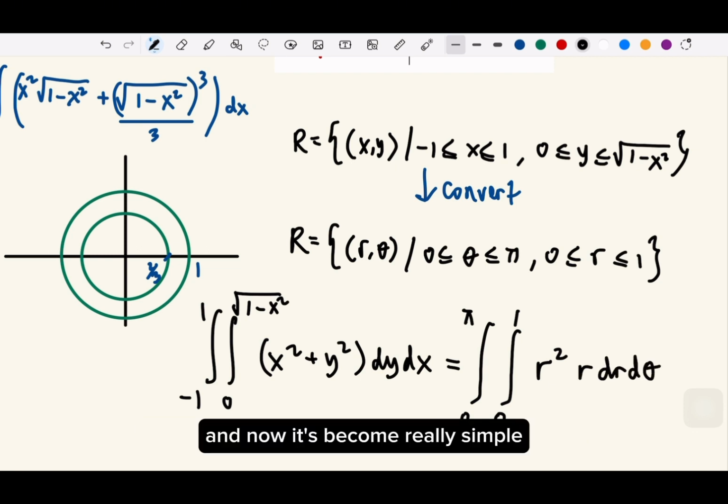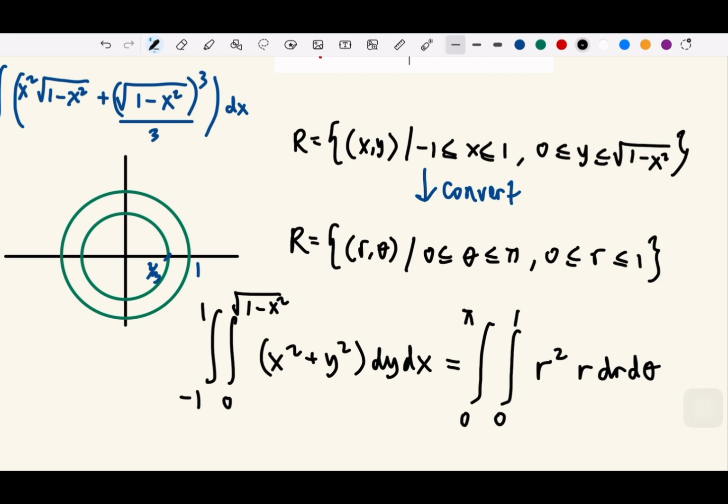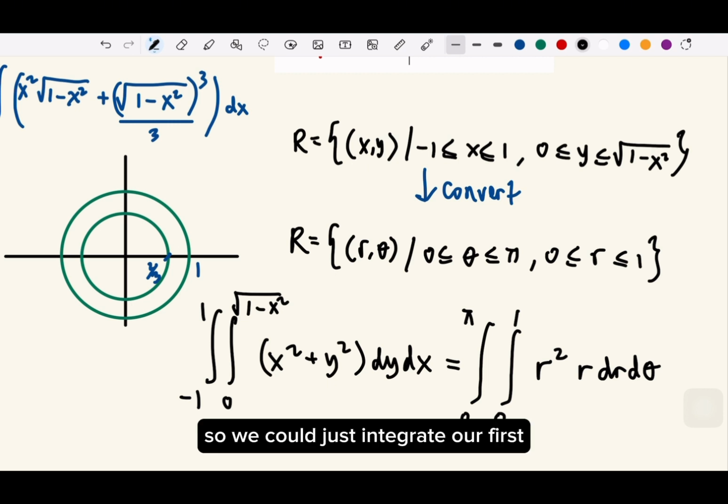And now it becomes really simple. So we can just integrate the r first, plug in, and then integrate with the d theta.